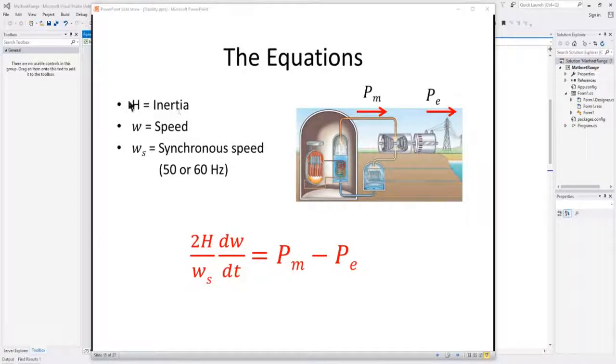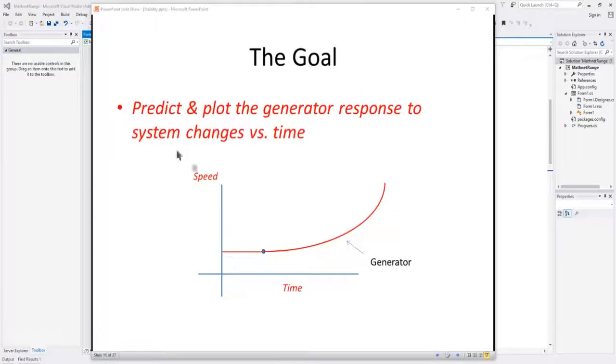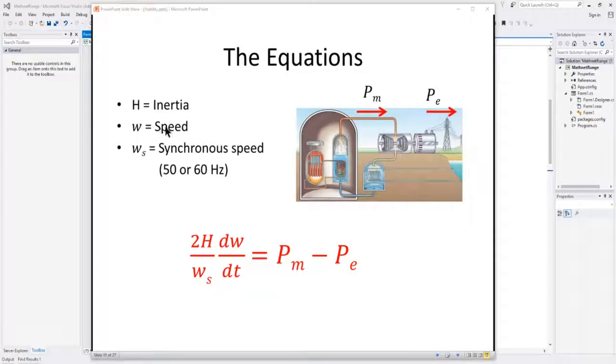We also said that the generator has a physical property, based on the mass and the dimensions of the machine, called inertia: how easy it is to change its speed. Also, as we showed before, it has a speed versus time value. That's what this omega is, speed.